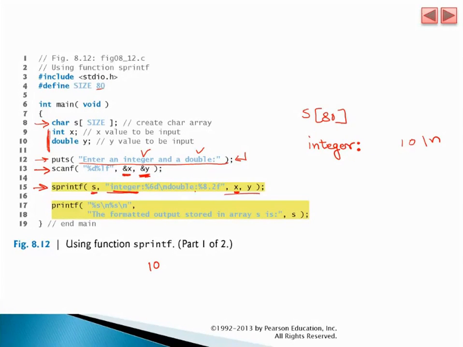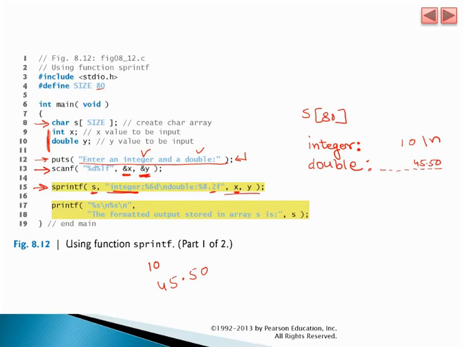Then there is this double, so I'm writing it here. The double will get stored in the array. Then there is a colon, then 8 spaces, 1, 2, 3, 4, 5, 6, 7, 8. Suppose the user enters 45.50, with up to 2 decimals.